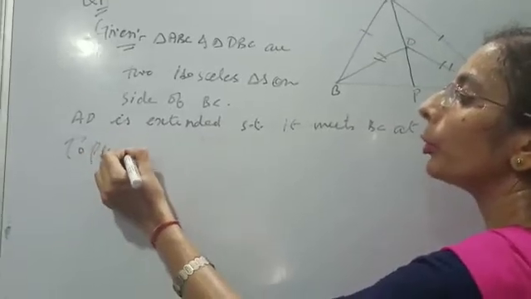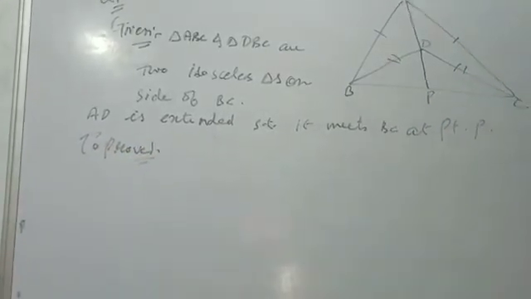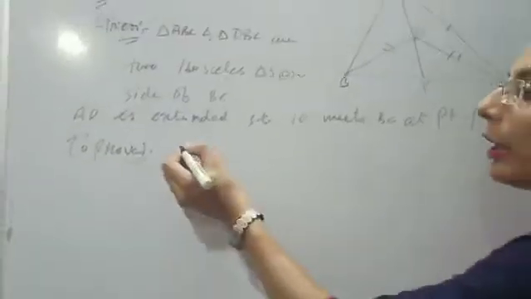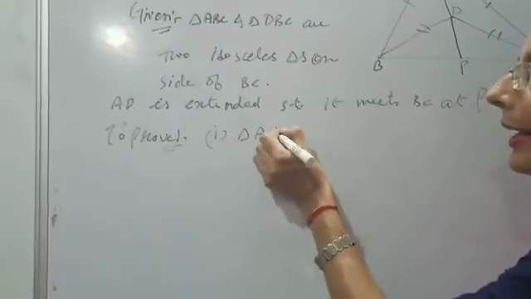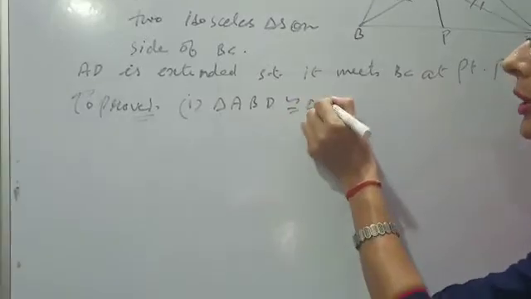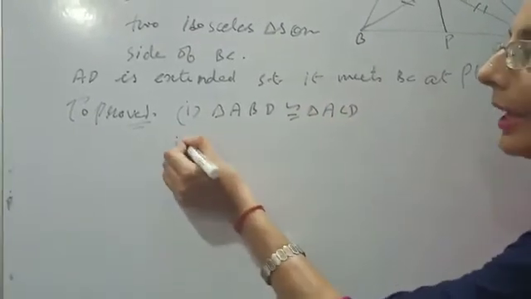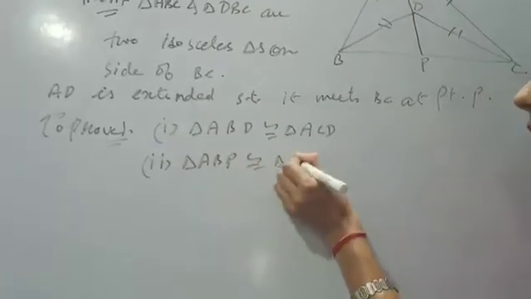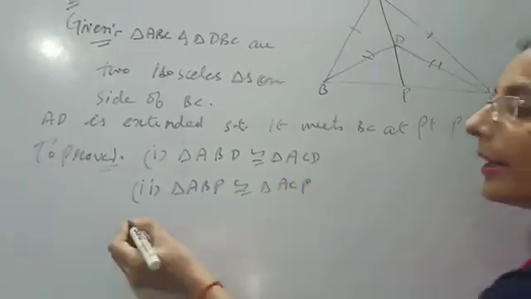What we will prove here, as you can see in the NCERT book, there are four points. Firstly, triangle ABD is congruent to triangle ACD. Second, triangle ABP is congruent to triangle ACP.